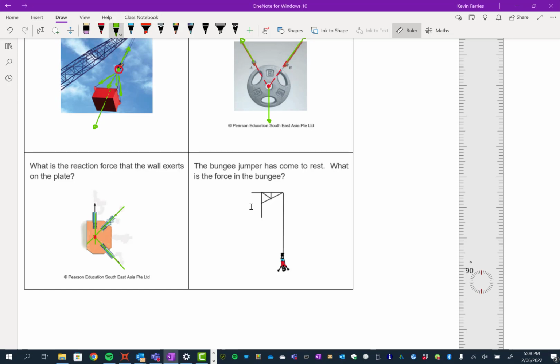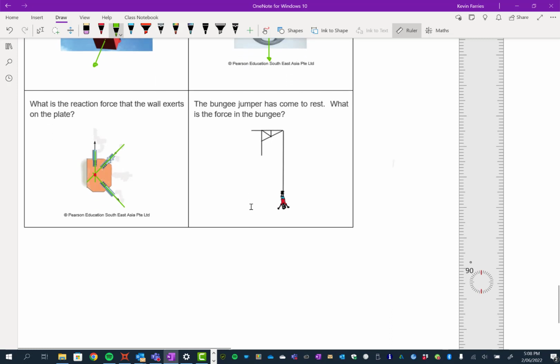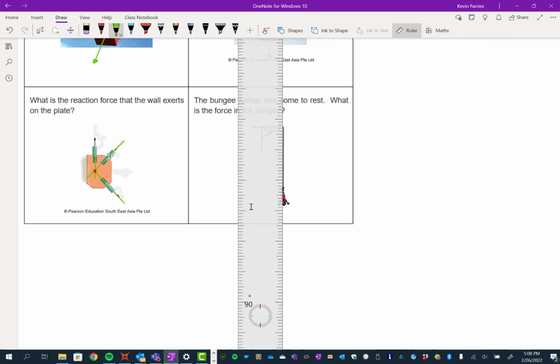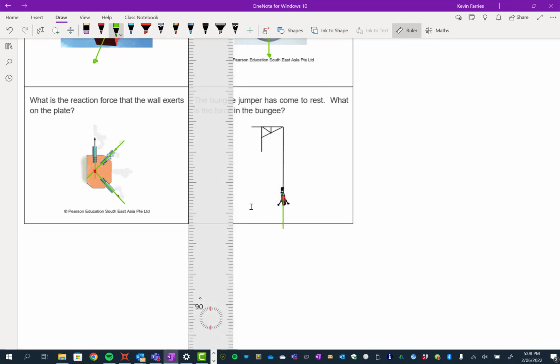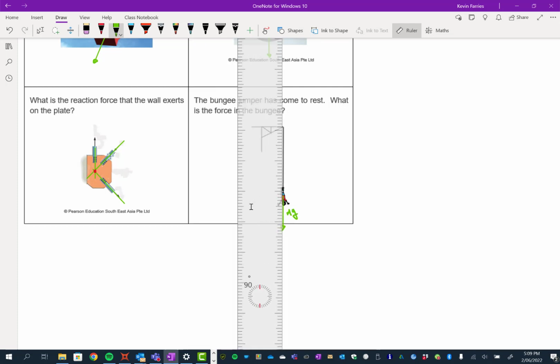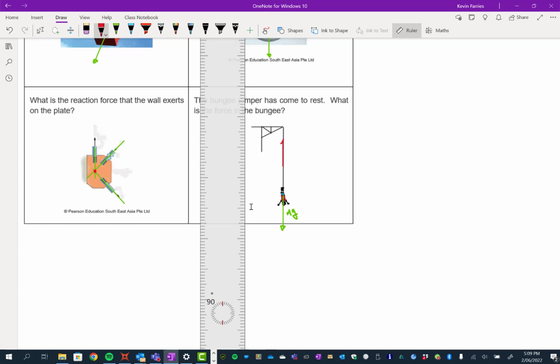And so again, we can think of, well, what's the primary force here? Let me just move him up a bit. The primary force is again the weight of the wee fella hanging. So it's the weight of this person hanging from the bungee jump. What's the reaction? Well, the reaction is the tension in this rope, which is going to be acting vertically upwards.